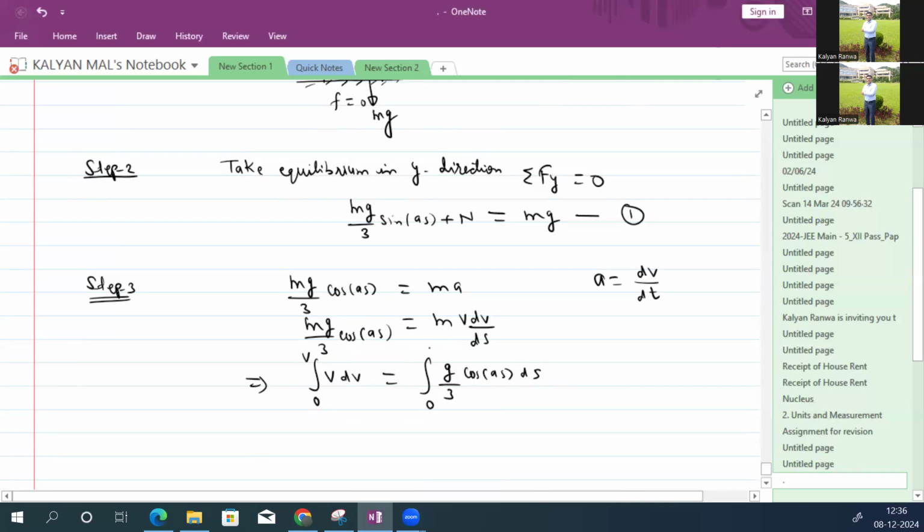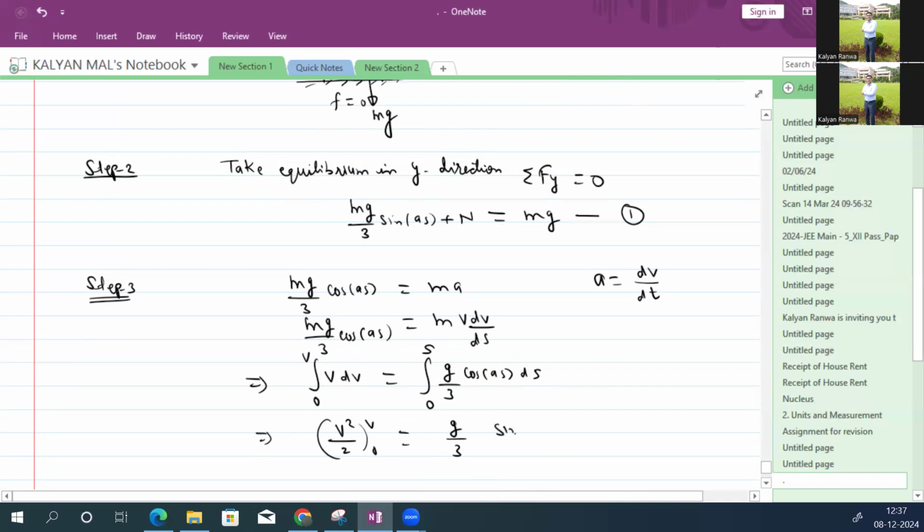Initially there is no displacement, so the final displacement becomes s. So we can write v square by 2, from 0 to v, equal to g by 3 taking common, and cos as ds.